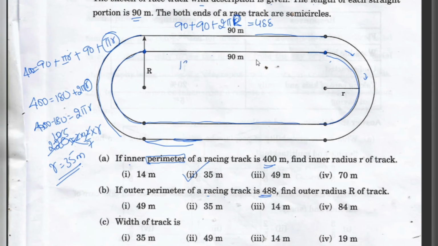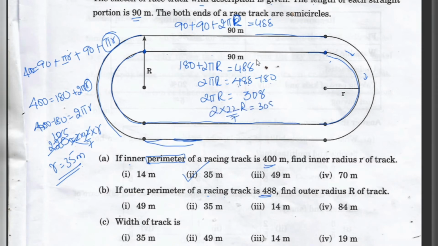So we get 180 plus 2 pi capital R equal to 488, 2 pi R equal to 488 minus 180, we get 308. So 2 into 22 by 7 R equal to 308.